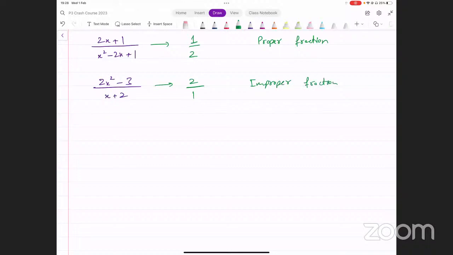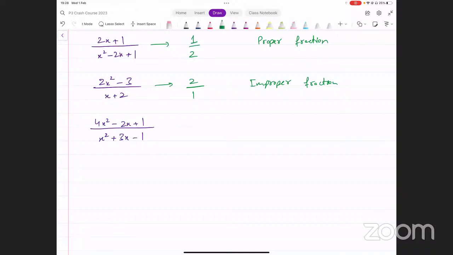All right. What if you had (4x squared minus 2x + 1) divided by (x squared + 3x minus 1)? In this case, you've got equal degree in the numerator and the denominator. It's 2 in the numerator, 2 in the denominator.